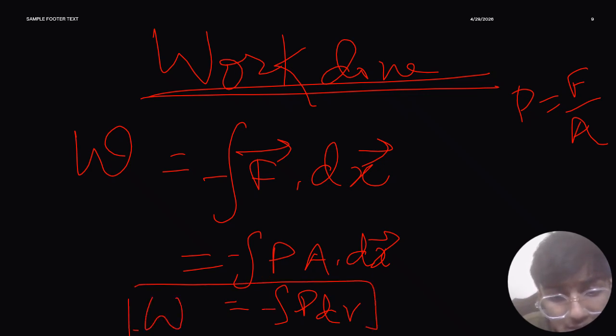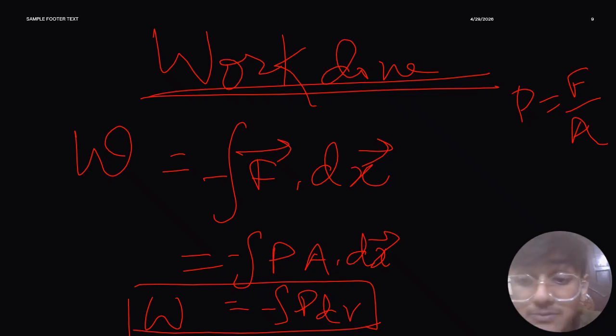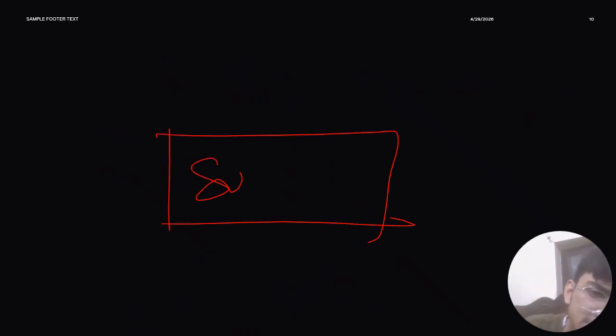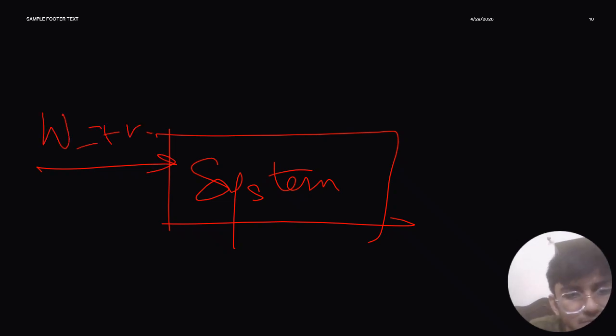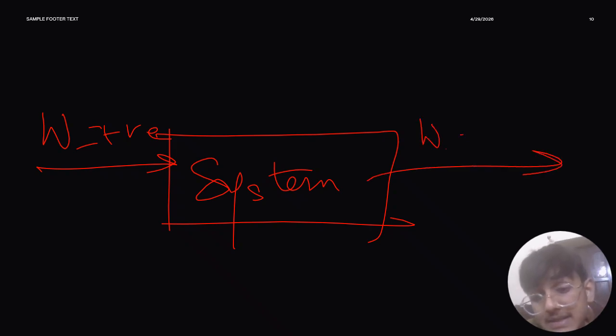This minus sign represents that work done is by the system. Let me clarify by making you aware of the sign convention. Suppose this is a system. We discussed system and surroundings in our first lecture of thermodynamics. If work is done on the system, we take it positive. If work is done by the system, we take it negative.